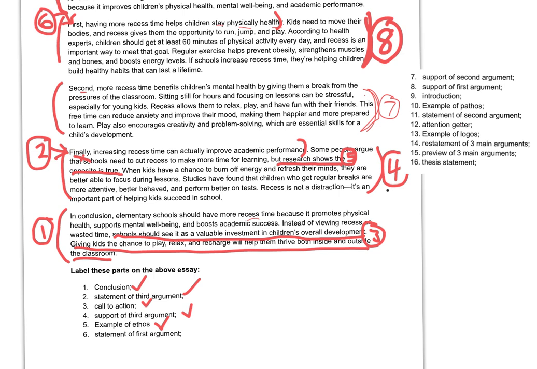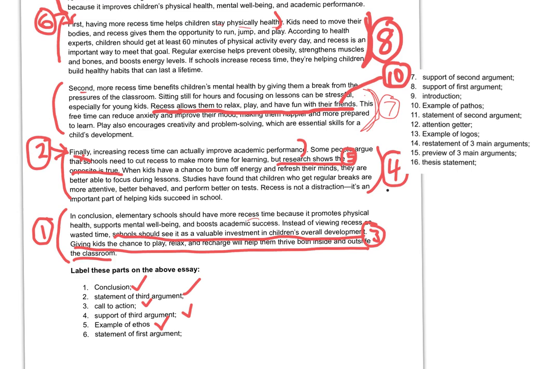I think it's right here is a good example of pathos. Recess allows them time to relax, play, and have fun with their friends. Hey, who doesn't want kids to be able to relax, play, and have fun with their friends? So I'm going to draw a line out to here and write a 10 because that is appealing to people's feelings.